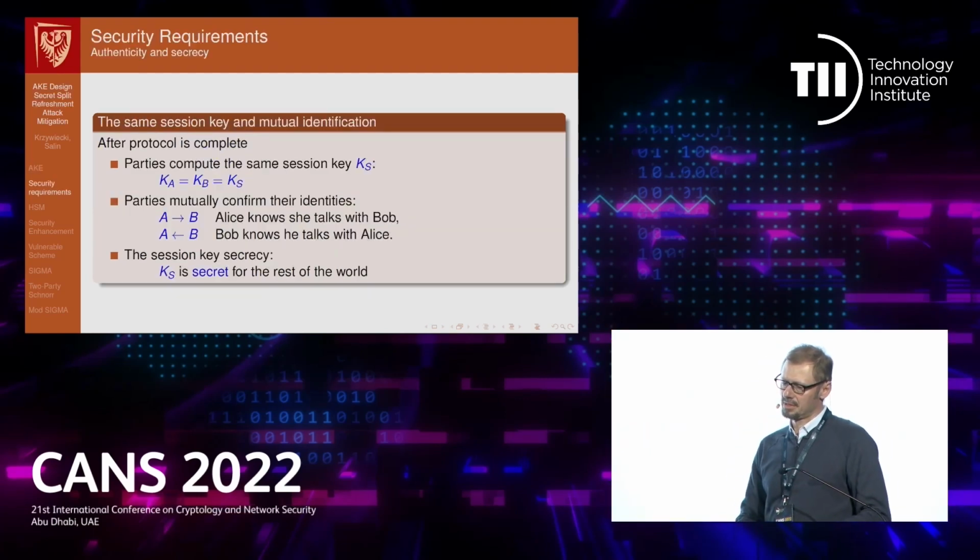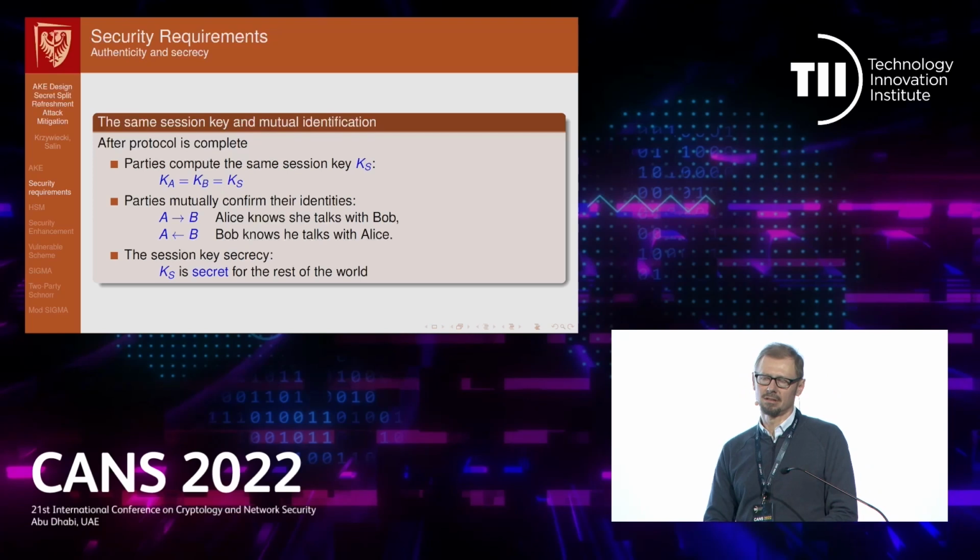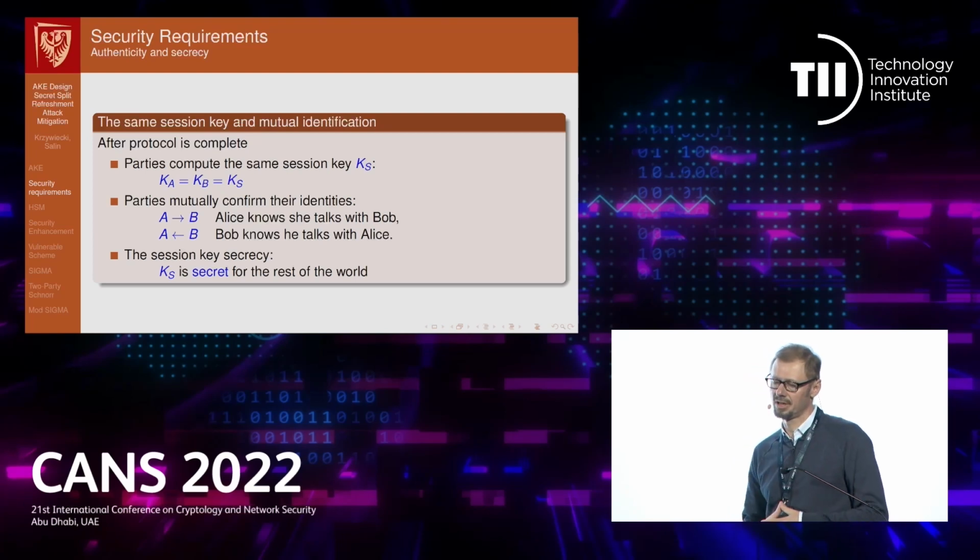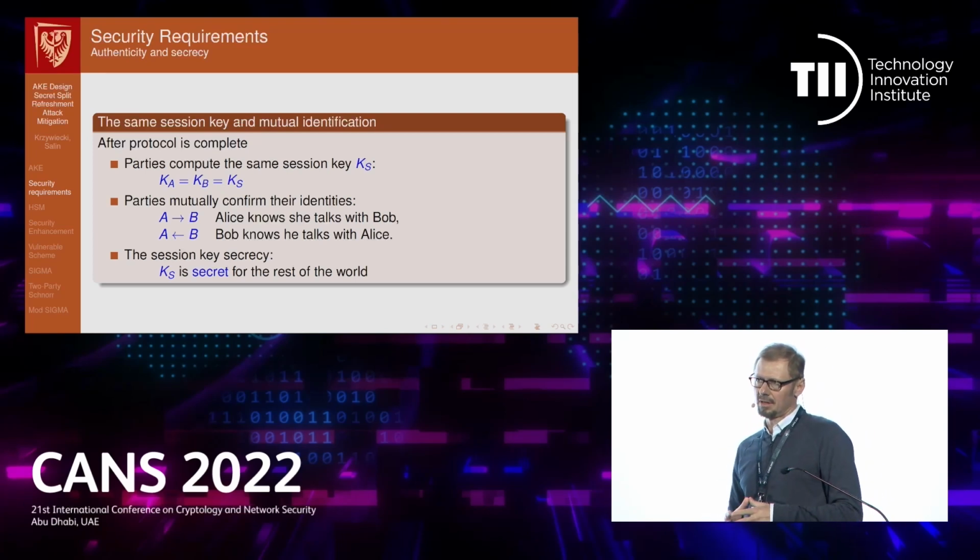So, maybe some requirements that need to be fulfilled when researchers design secure authenticated key exchange. First of all, it is authenticated. That's why both parties need to prove their identities. This is where the authentication comes into play.